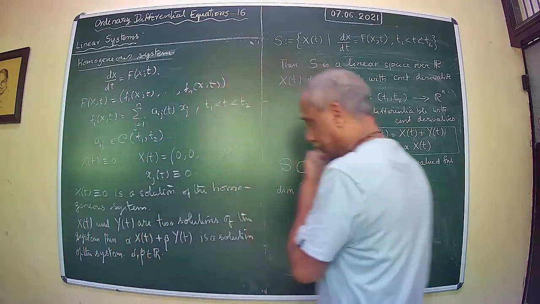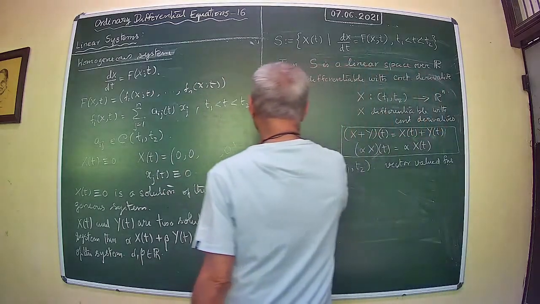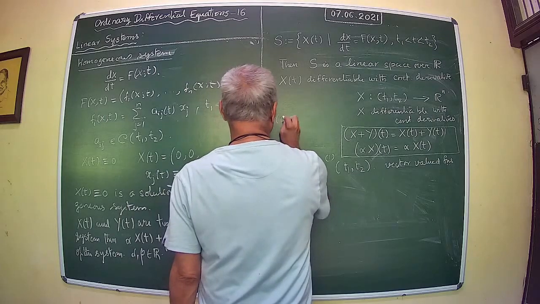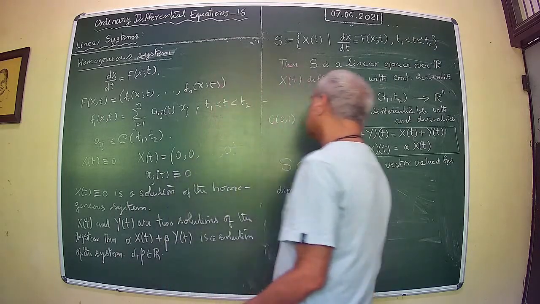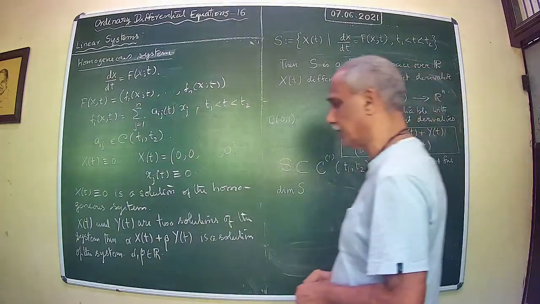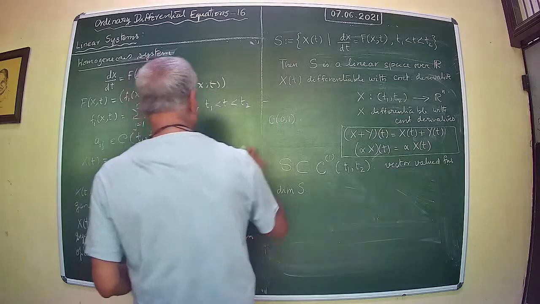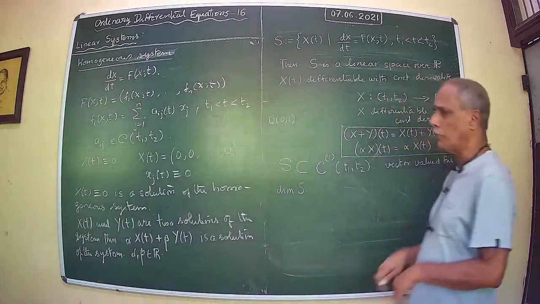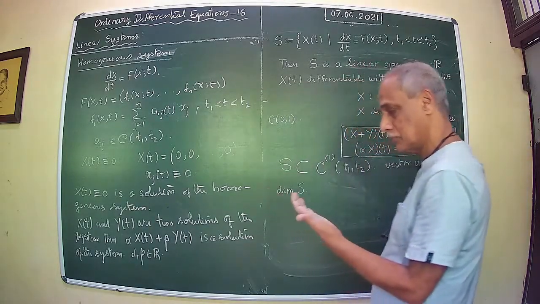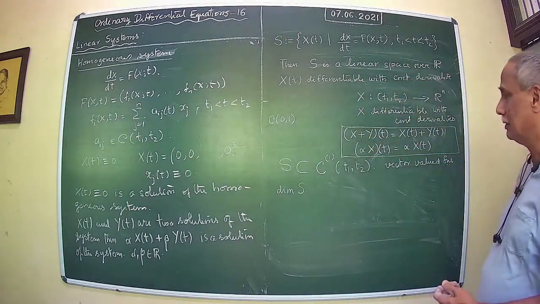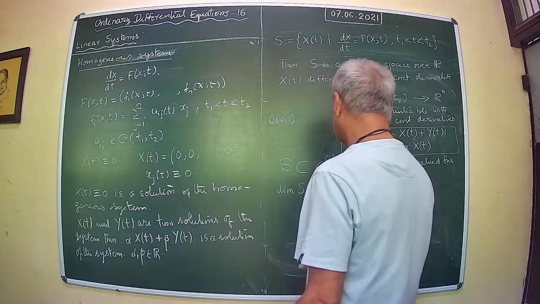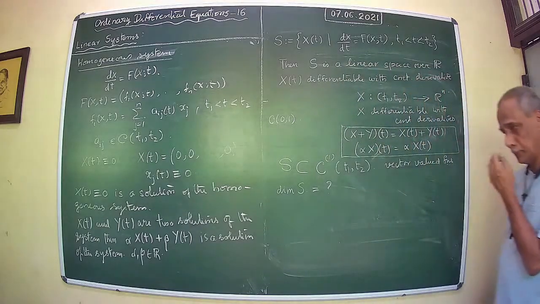Because if you take even this simple problem, continuous functions over the interval 0, 1 with the usual addition and scalar multiplication, it forms a vector space, and this is infinite dimensional. In fact, all polynomial functions form an infinite dimensional space. Okay. So at the outset you expect this to be infinite dimensional.